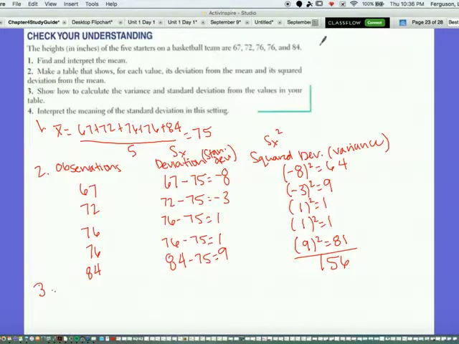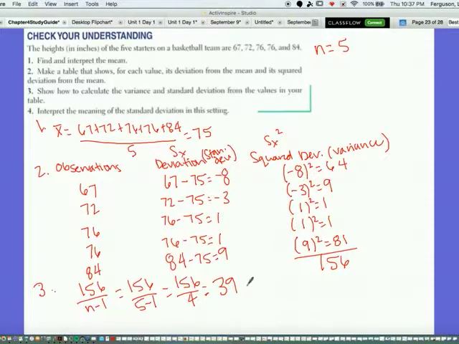The reason that we choose 4 is because our number of observations was 5. Whenever we are calculating variance and standard deviation from the values in the table, we take the sum of squared deviations, 156, divided by n minus 1. So that would be 156 divided by 5 minus 1, or 156 divided by 4, which gives us 39 inches squared.